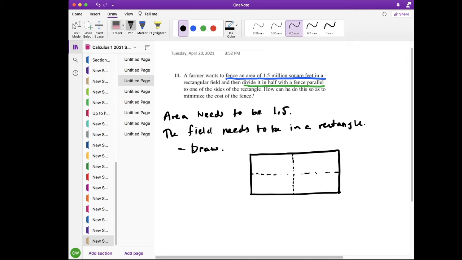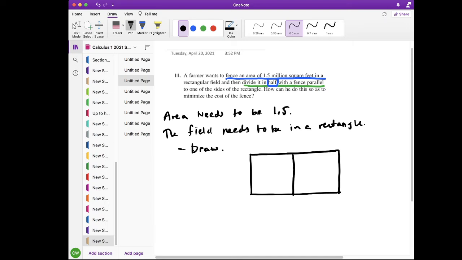But let's just choose one. Let's divide it this way. And in particular, it's half. So that is something we should keep in mind. So what we want to do is minimize the cost of the fence.